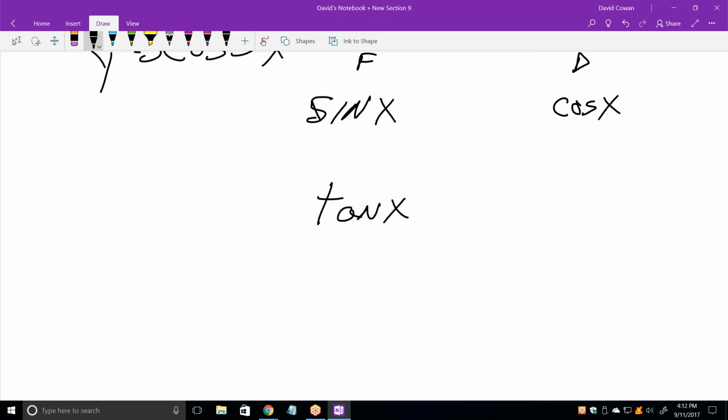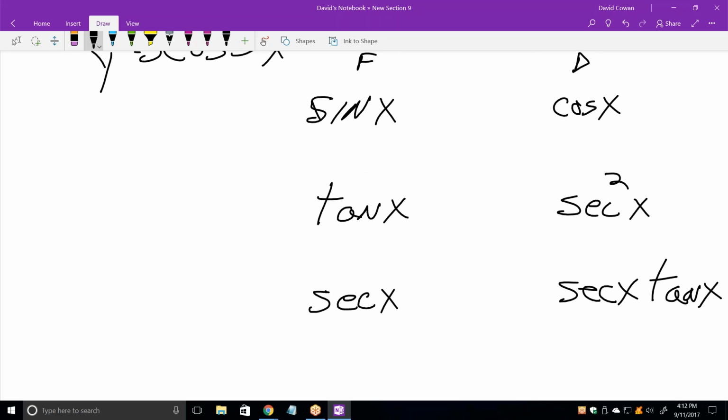The derivative of tan x is secant squared of x. And finally, the derivative of secant x is secant x tan x. Okay? Those three you got to memorize. No way around it. The other three you can figure out from these three.